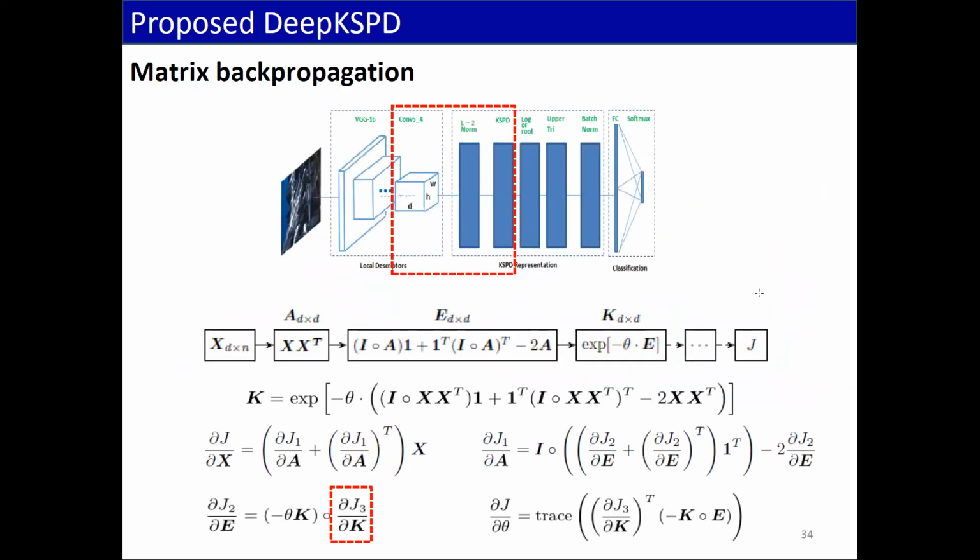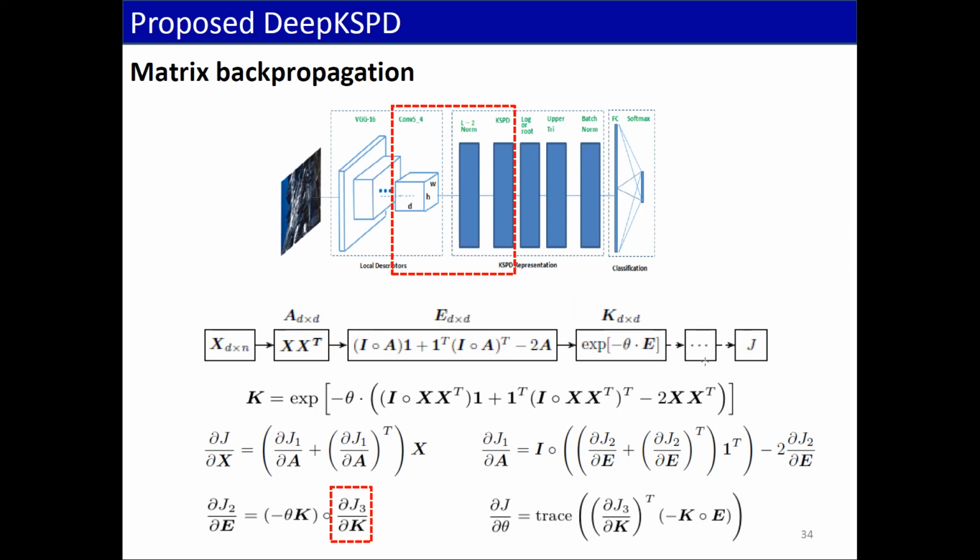So what we have to do is to derive the matrix backpropagation. For example, this is the data X, a convolutional feature. We go through X to another step. This is just the data flow. Then another step, then calculate the Euclidean distance matrix, apply the exponential. This makes it a Gaussian RBF.